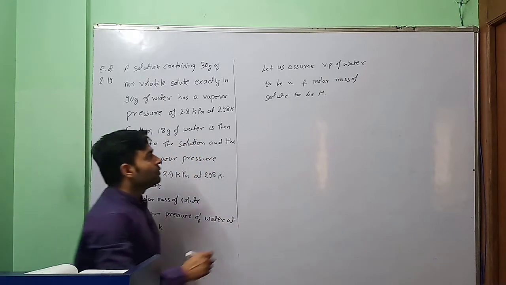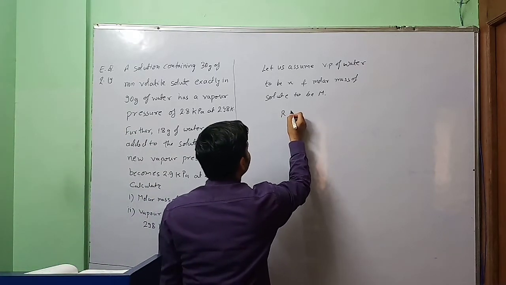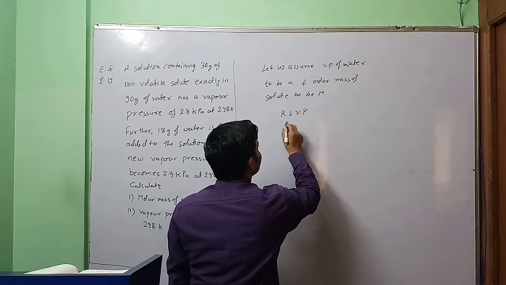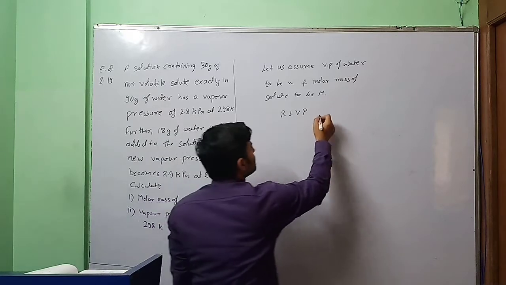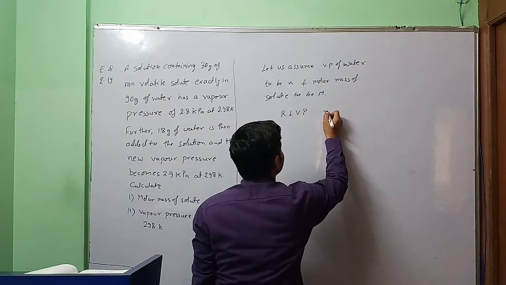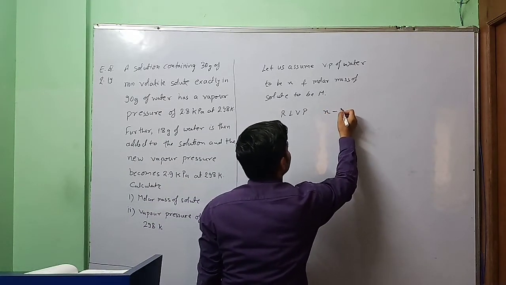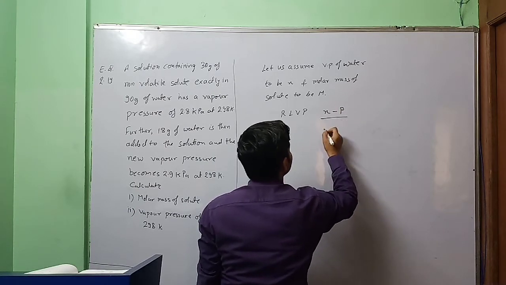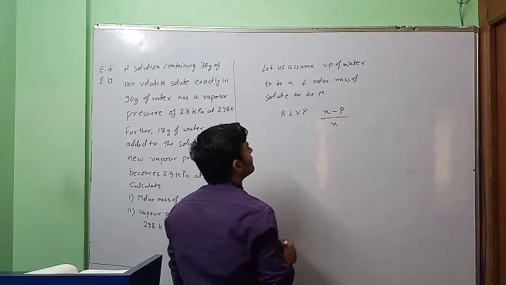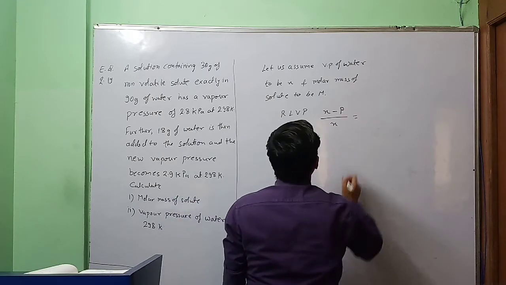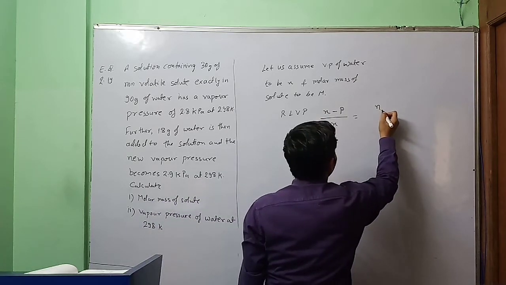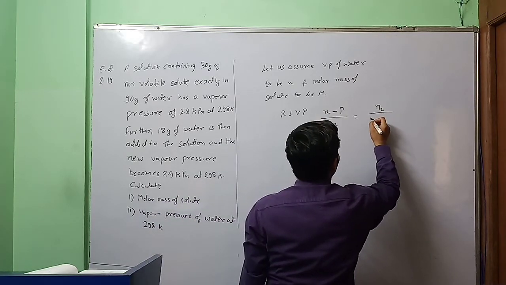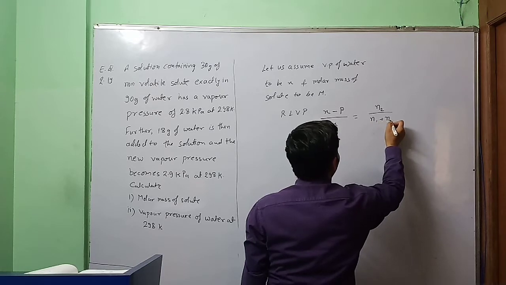Now relative lowering in vapor pressure, I am writing it as RLVP, that is X minus P solution upon X, equal to the mole fraction of solute, that is n2 upon n1 plus n2.